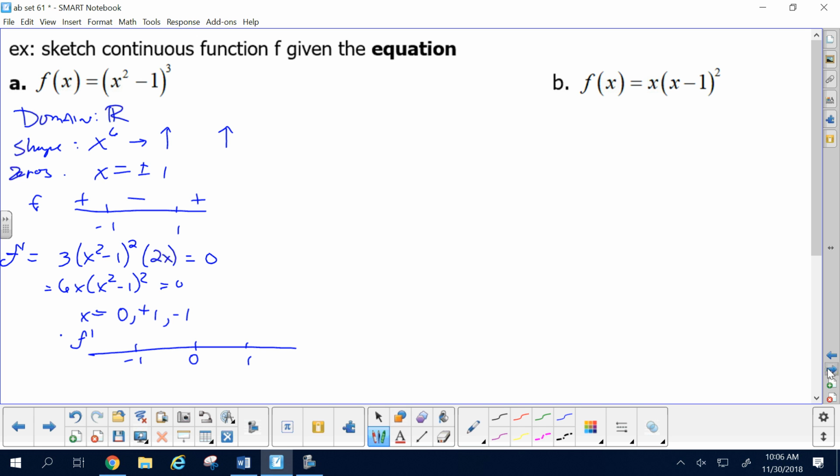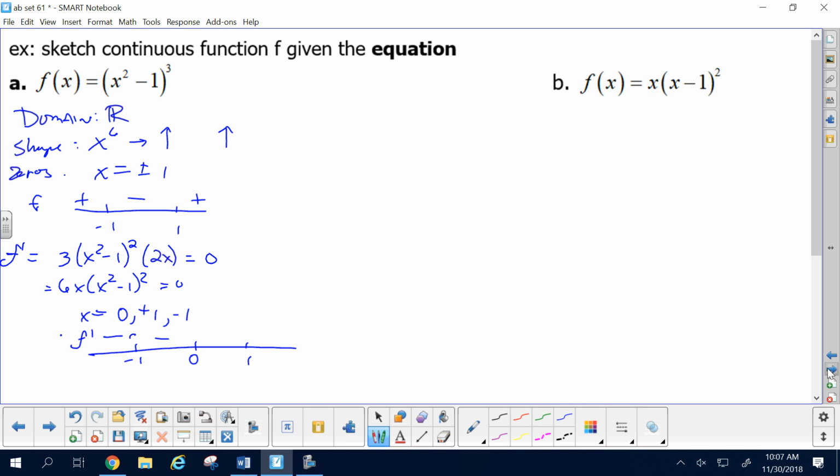what if I plug in -2 into the derivative? What do I get sign-wise? This is definitely positive, but 6x is negative. At -1/2, this is definitely positive because it's squared. That's still negative, so that's negative.